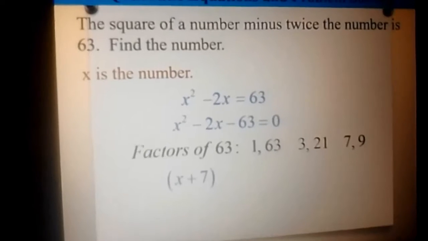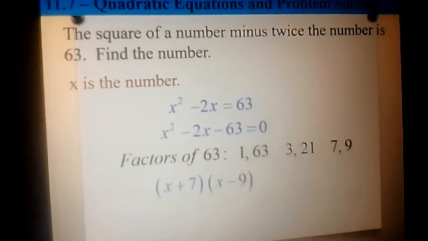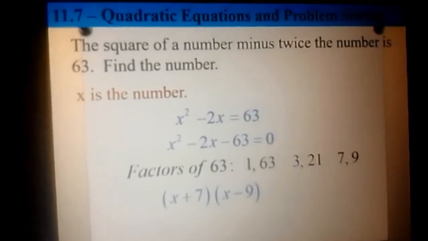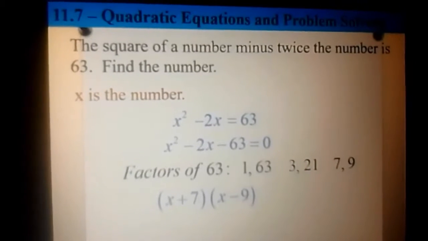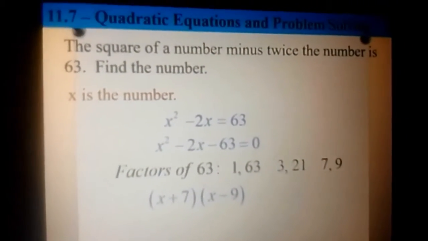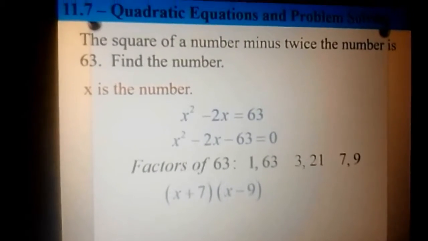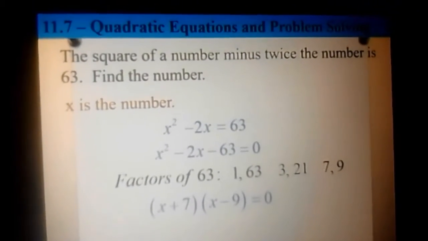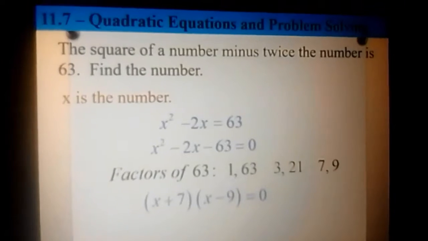So, these are the factors: x plus 7 and x minus 9. We can see that it is negative 2x when we combine the middle terms. So, we equate it to 0.